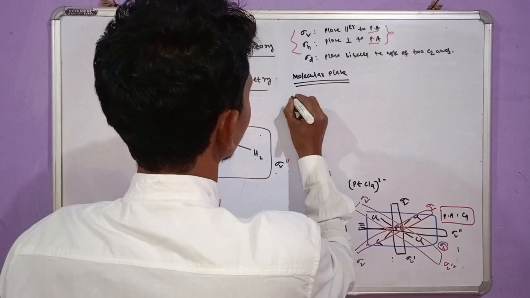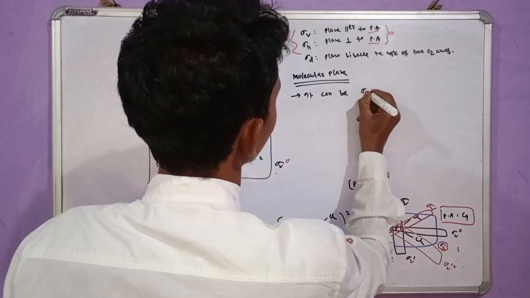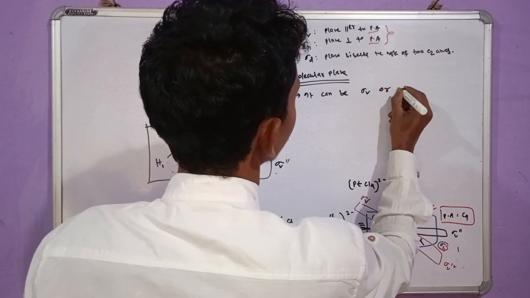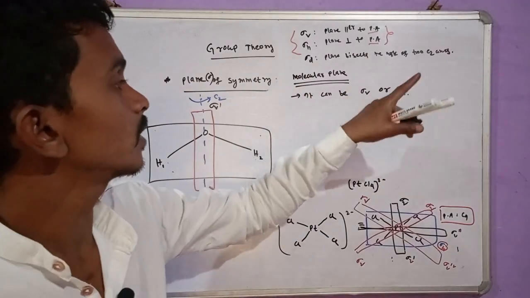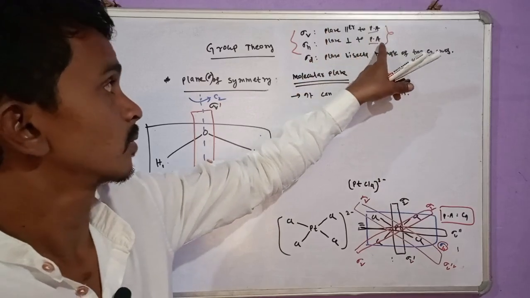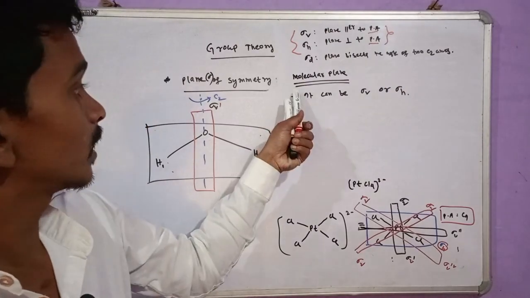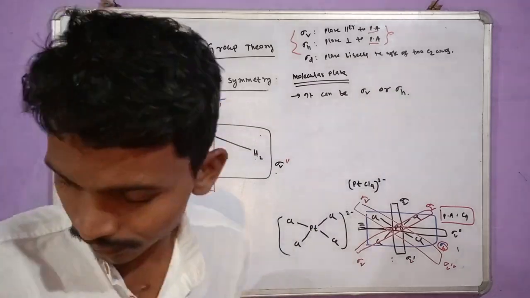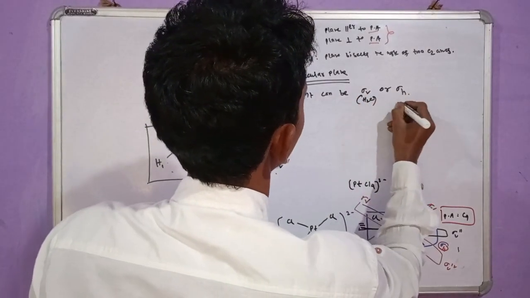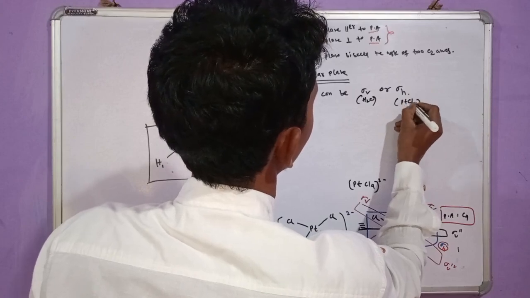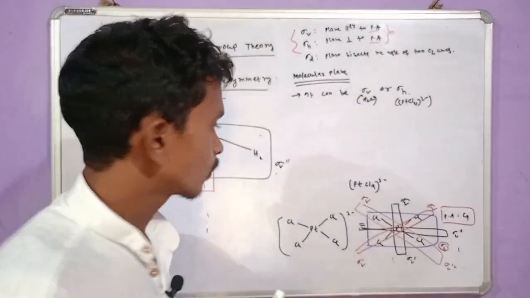So the molecular plane can be sigma v or sigma h. There is no condition; sigma h is always perpendicular to the principal axis and sigma v is always parallel to the principal axis. But the molecular plane can be sigma v or sigma h. Like here sigma v for water and sigma h for PtCl4. Okay, so we'll take more examples.